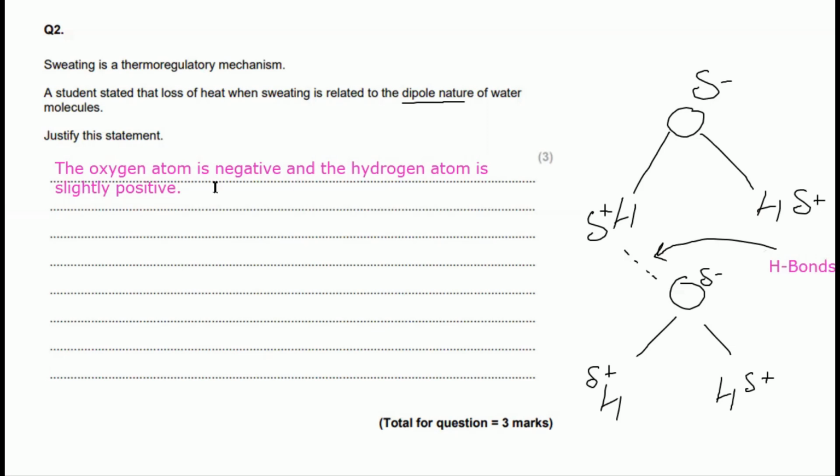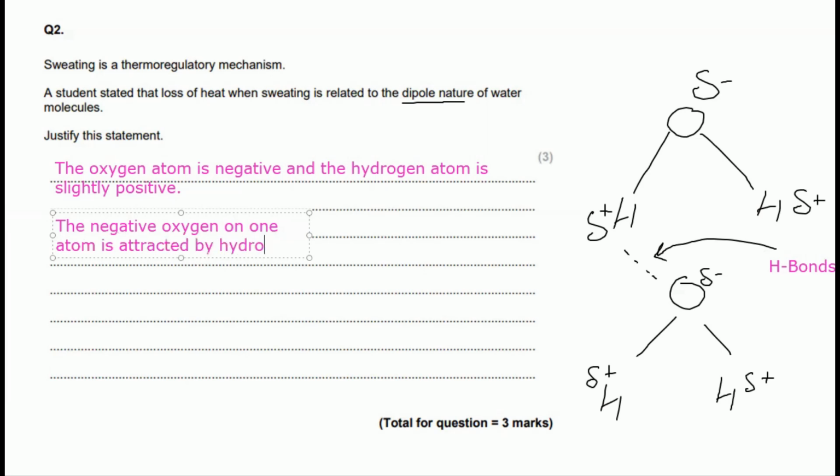Okay, so the oxygen atom is negative, the hydrogen atom is slightly positive. The negative oxygen on one atom is attracted by, or forms hydrogen bonds, would be a better way to say it, with the hydrogen atom on the neighboring or adjacent water molecule, or on the next water molecule.